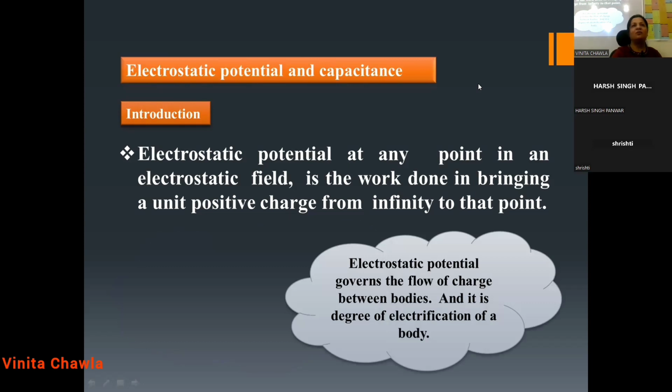Degree of electrification, the meaning of the word electrification is charging. Okay.